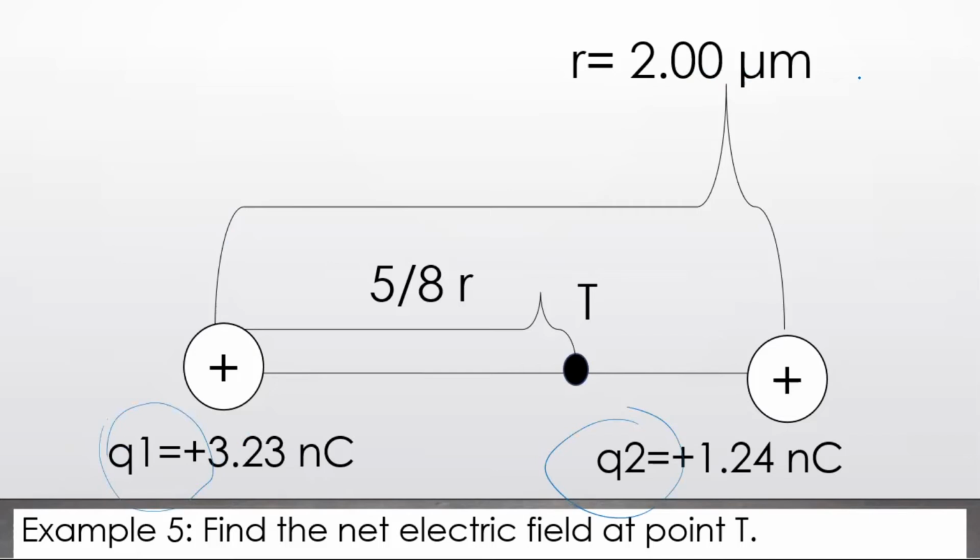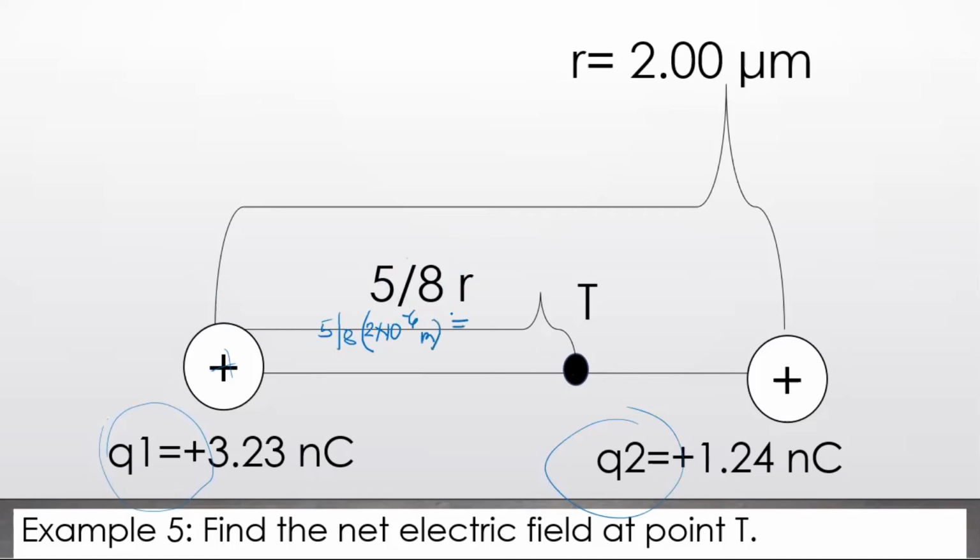Okay. So, munang aton nga distance. So, given that from positive charge to your test charge, it is 5/8 sang R. So, you will be solving for 5/8 sang 2 times 10 to negative 6 meter.